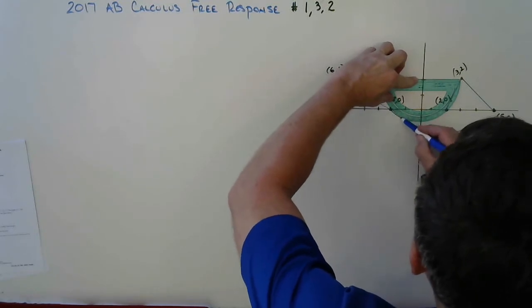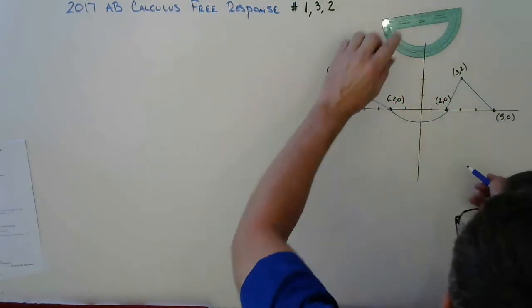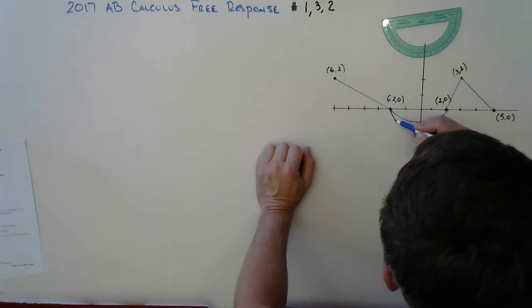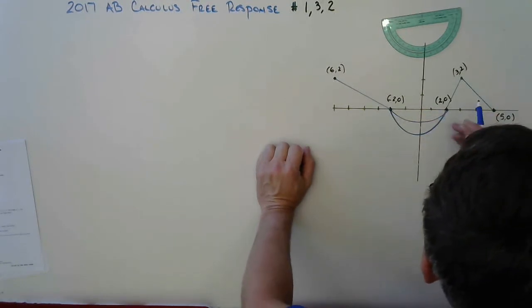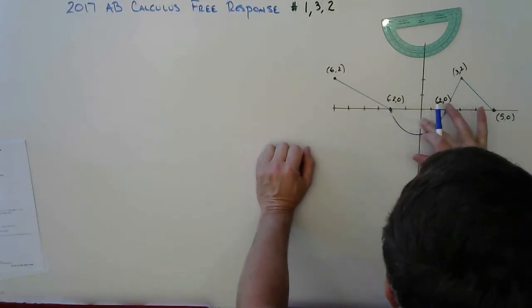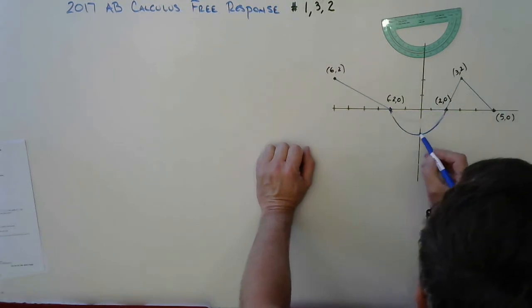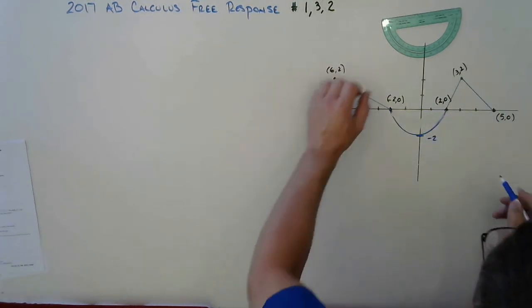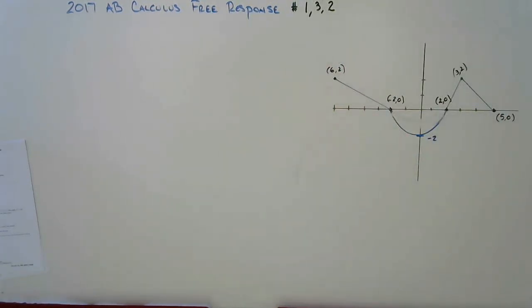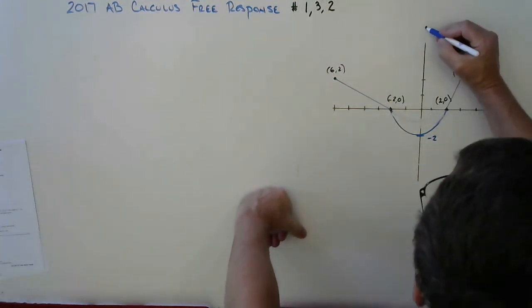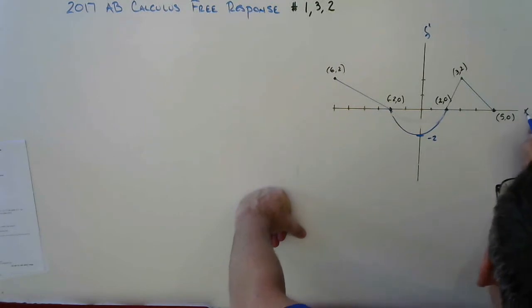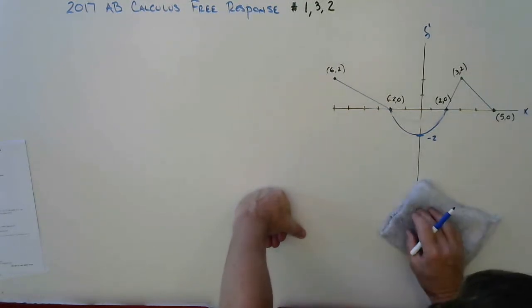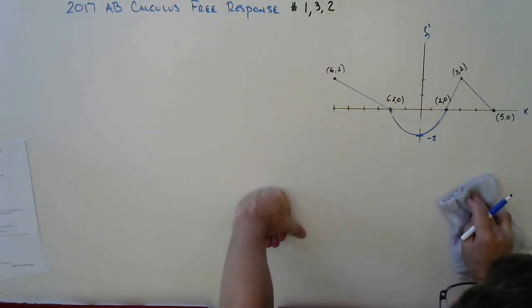So we have a semicircle down here, right? That looks terrible. Let's just do it by hand, it'll be better. So this is a semicircle, so this is negative 2. All right, so this is our graph of f prime. This is x.